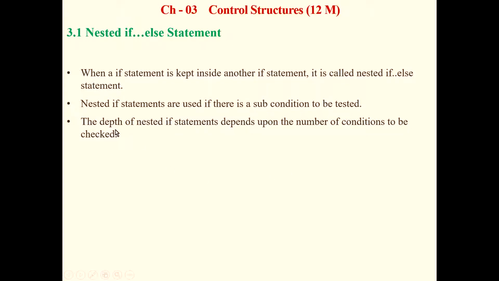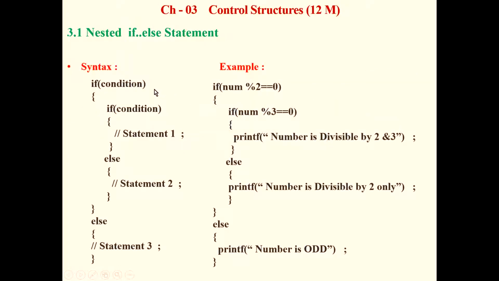The depth of a nested if-else statement depends upon the number of conditions to be checked, so the syntax or declaration of the nested if-else statement depends on the number of conditions. Next, the syntax is very important. Here first I use the if statement, and inside the brackets the first condition.